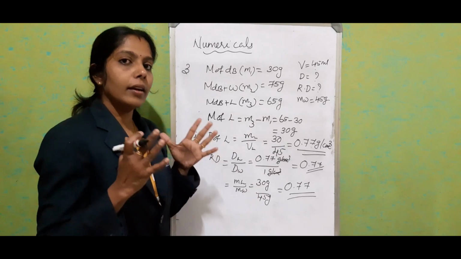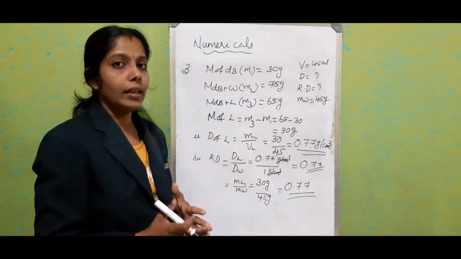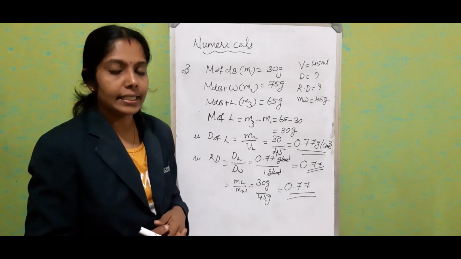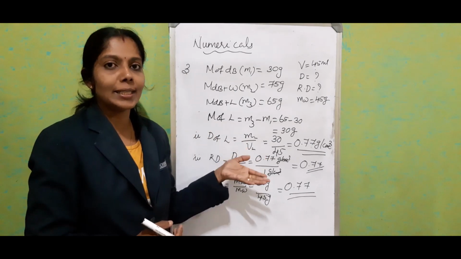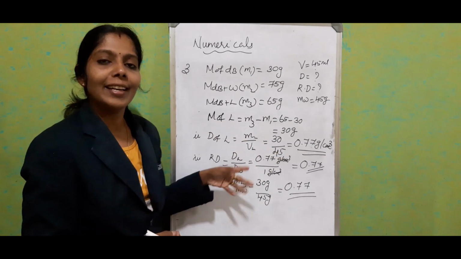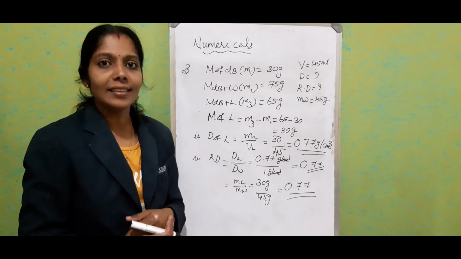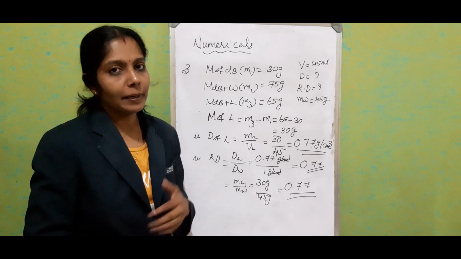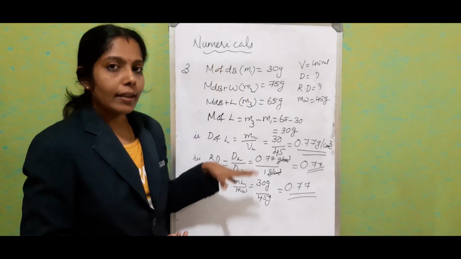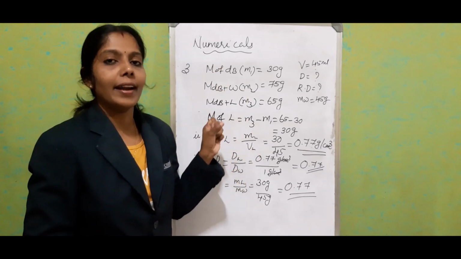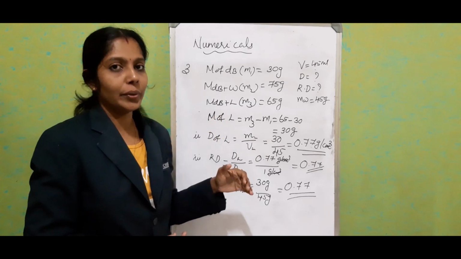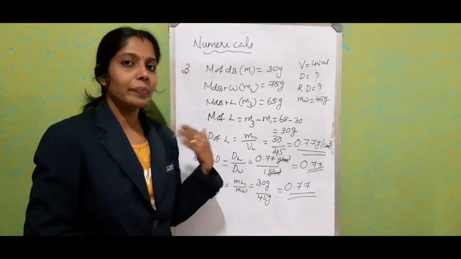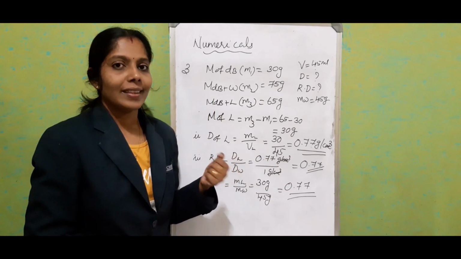So when you get data from the numerical, check whether mass is given or density. If density is given, it's really easy, because we know that the density of water is 1 gram per centimeter cube. If it is given in kilogram, it is 1000 kilogram per meter cube. So check the data given, then find out the easy method and substitute it, whether it has density values or mass values. Thank you.